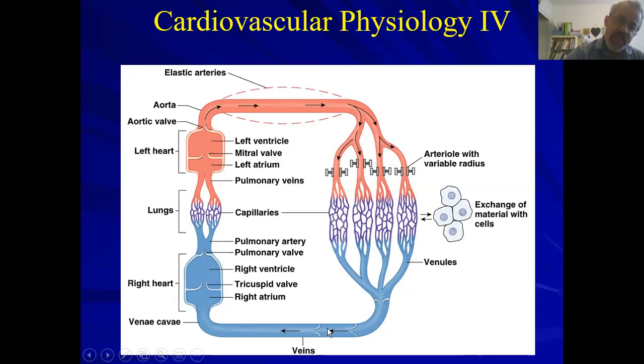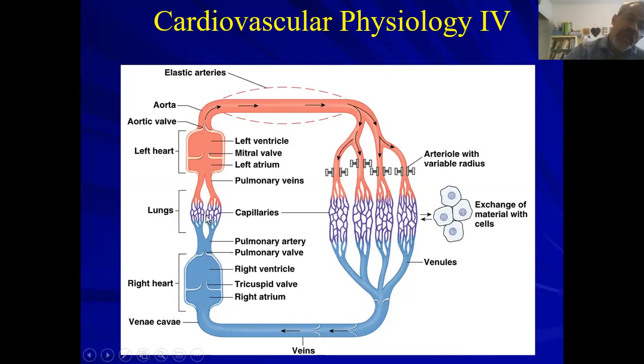The main veins involved in delivering blood back to the right side of the heart are what we call the vena cava. Remember, we have the superior and inferior vena cava that bring blood from the head and neck area as well as the lower extremities to the right atrium, pushes the tricuspid valve open, into the right ventricle. When the pressure builds up in the right ventricle, it forces the pulmonary valve open.